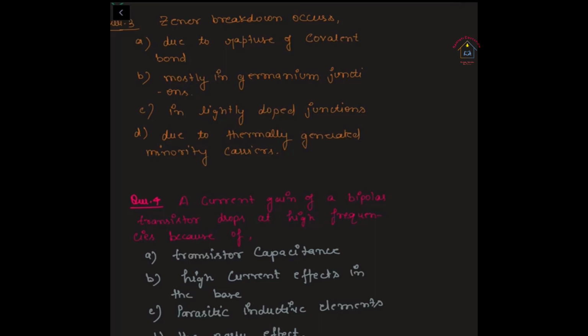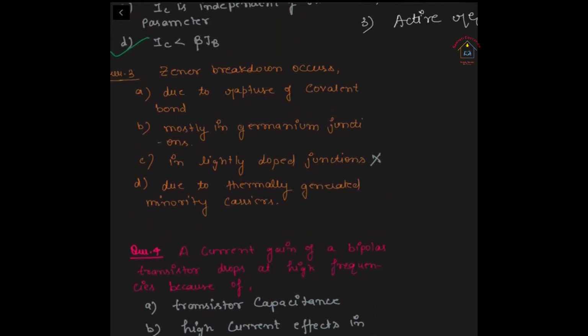It is not necessary that Zener breakdown happens only in lightly doped junction, nothing like that. Zener breakdown can occur in highly doped junction, but there is only one difference between lightly doped and highly doped junctions. In lightly doped junction, Zener breakdown happens a bit sooner as compared to highly doped. So this is not a correct answer.